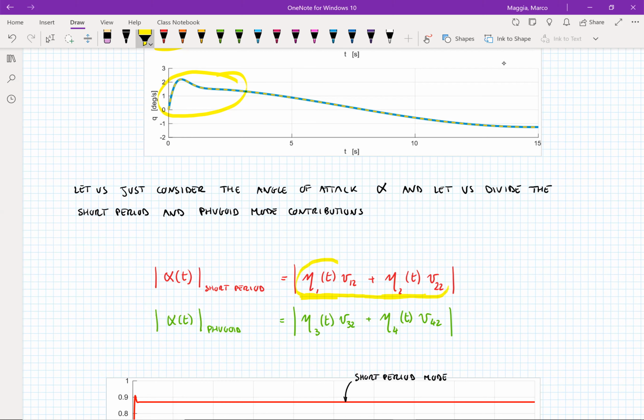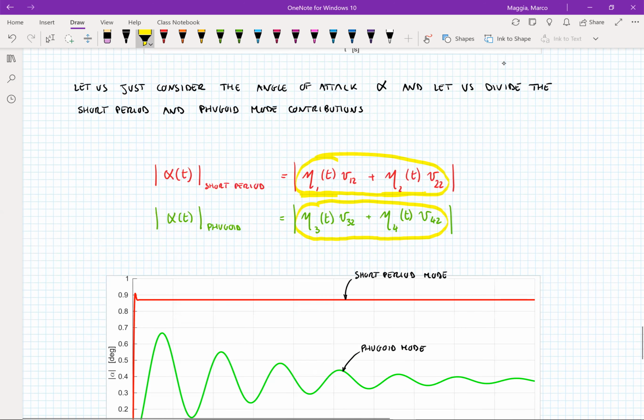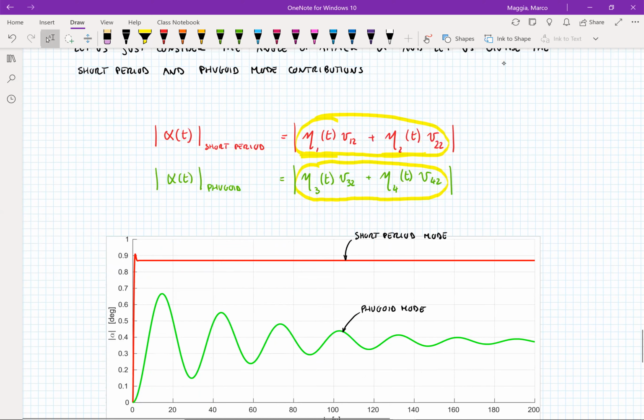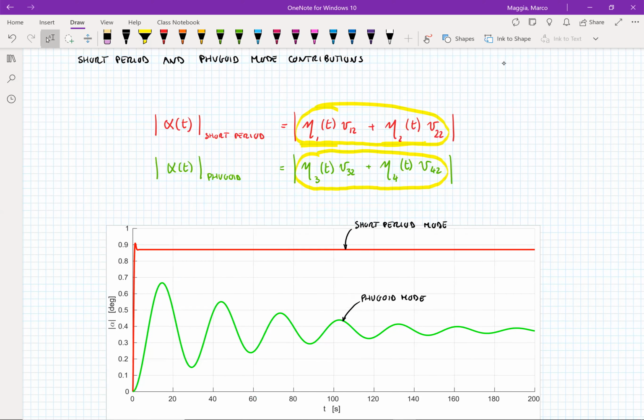So eta 1 times V12 plus eta 2 times V22 in absolute value is the contribution towards the angle of attack due to the short period mode. And the remaining part, namely eta 3 times V32 plus eta 4 times V42, is the contribution due to the phugoid mode.